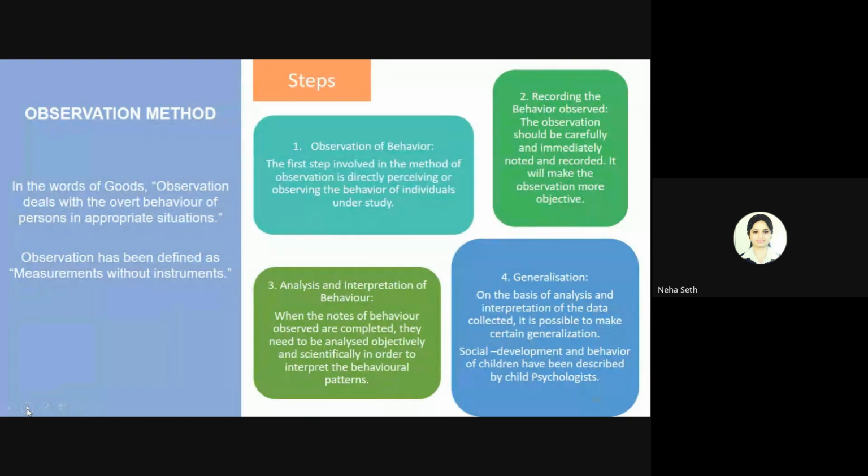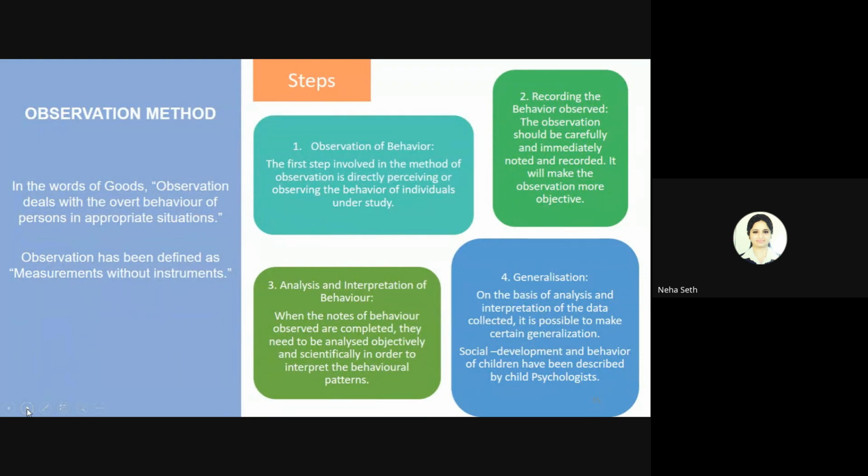And then when I have sufficient notes, or sufficient data with me, I can analyze and interpret the behavior. Based on my analysis and interpretation of the data that I have collected, it is possible for me to make certain generalizations, that is, to draw meaning.